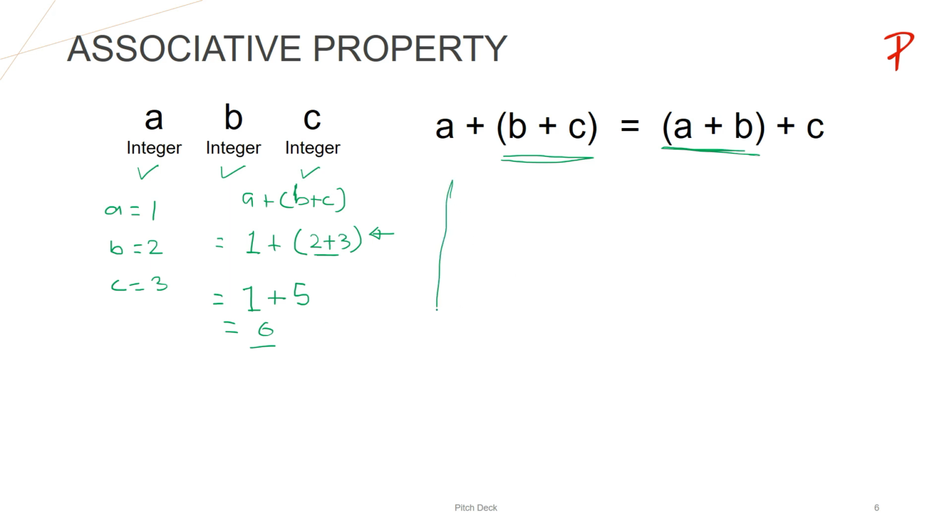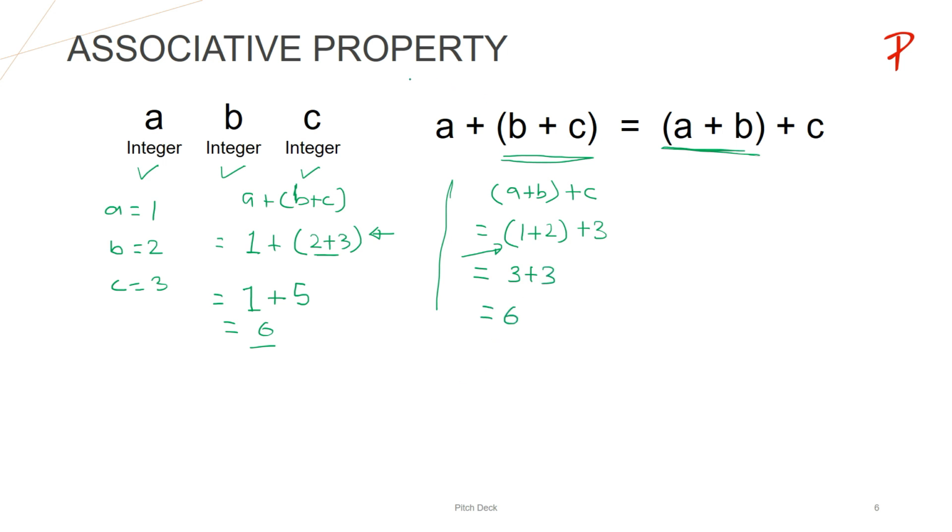Now let us see when a plus b is grouped together, and then we have c. Within the bracket we have 1 plus 2, because we need to solve the bracket first. 1 plus 2 is 3, and plus 3, this is equal to 6.